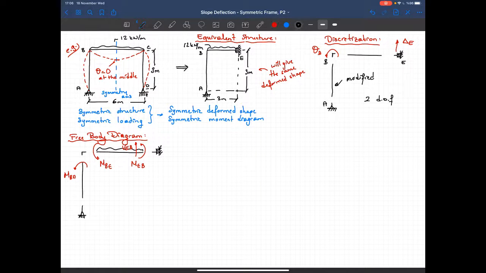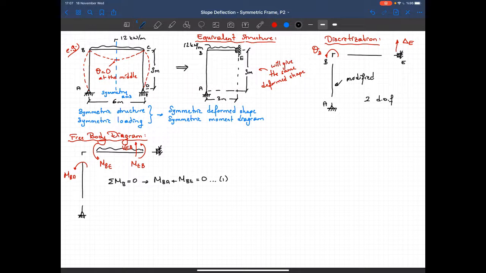So let's write the equilibrium equation. My first equilibrium equation, I have a rotational degree of freedom at B. So I'm looking for a moment equilibrium equation at B. So sum of moments at B equal to 0, which tells me that MBA plus MBE must be equal to 0. That's my first equilibrium equation.